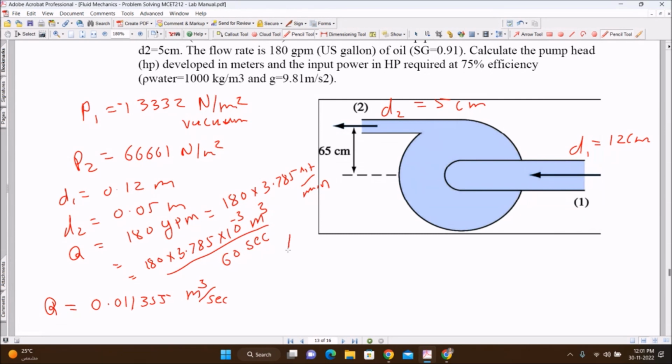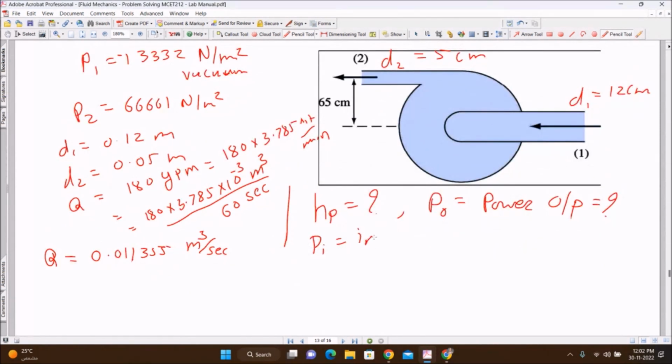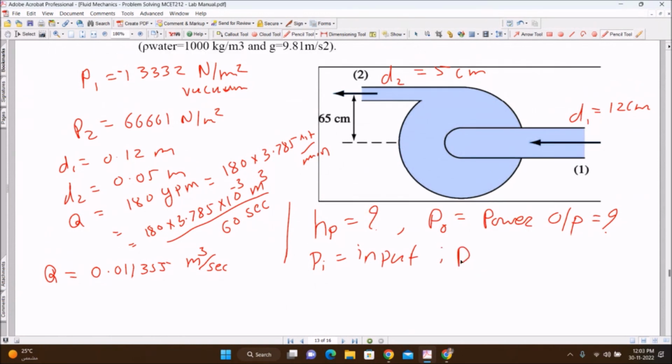Calculate the pump head. It is asked. Calculate the head of the pump and power developed, power output. How much input power, if efficiency of the pump is given 0.75.